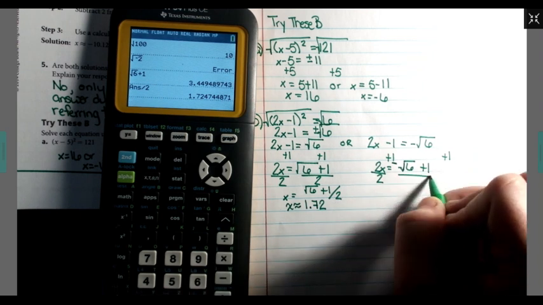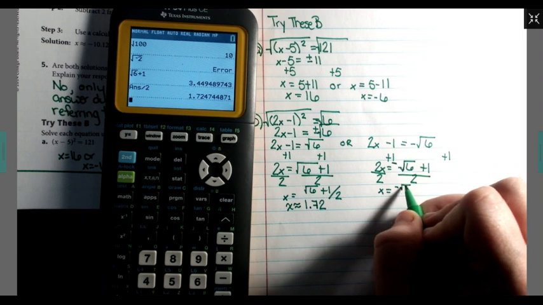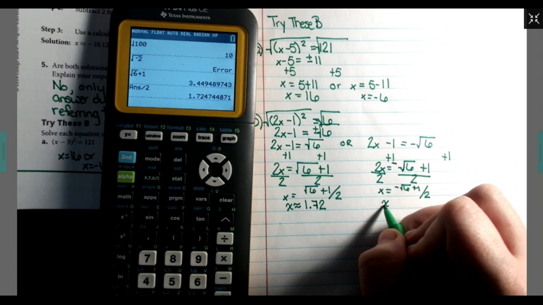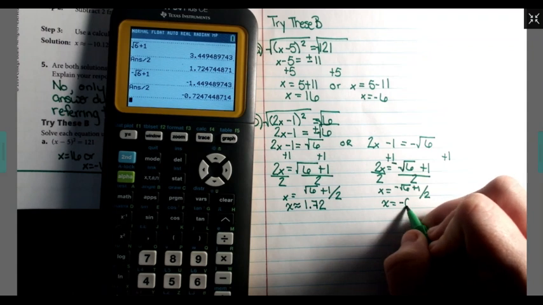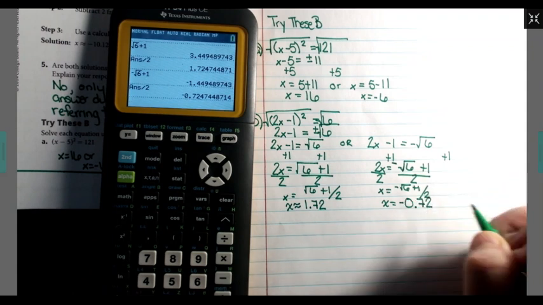Divide all of this by 2. So x equals the negative square root of 6 plus 1, all divided by 2. So we got negative square root of 6 plus 1 divided by 2. I got approximately negative 0.72.